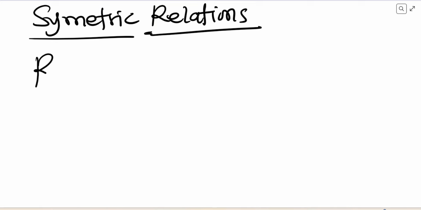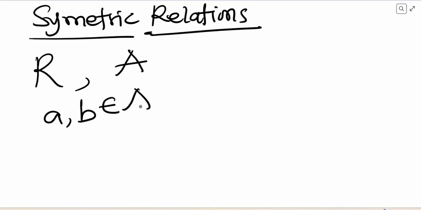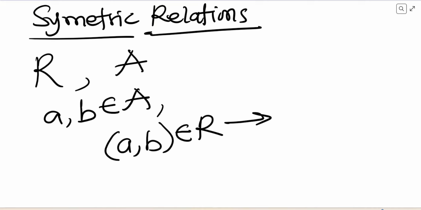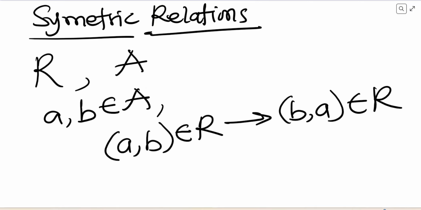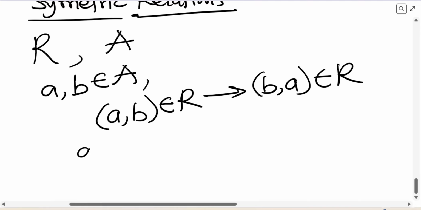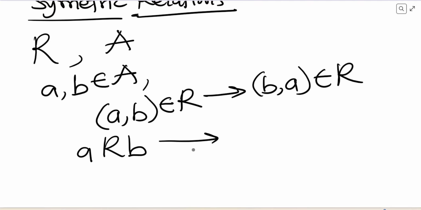A relation R defined on a set A is said to be symmetric if for a and b in the set A, a related to b belongs to R implies that b related to a is also in the relation R. It means that if a is related to b, then b must also be related to a.